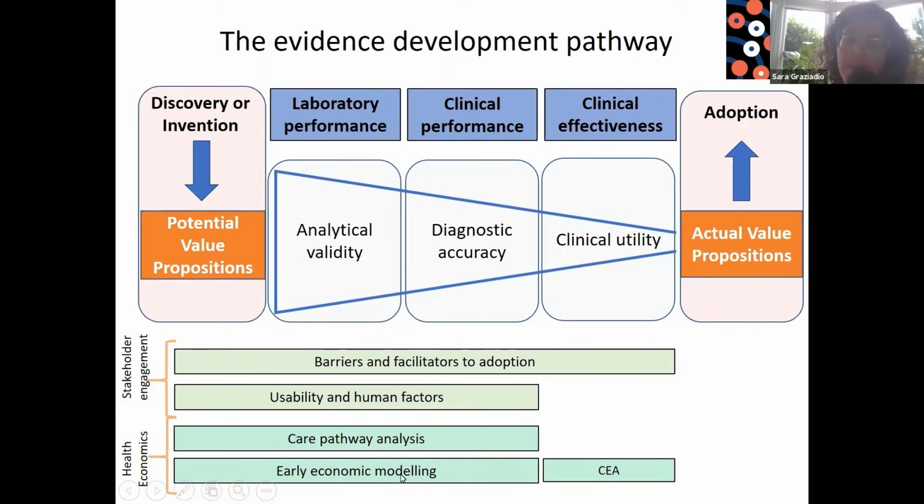The main aim of an early economic model could be understanding the inclusion criteria, for example, for your clinical studies, or it could be just to understand exactly what the constraints are for the use of your test in the clinical setting. So Joy and Owen will talk more about the difference between early economic modeling and cost-effectiveness analysis in the health economic webinar. So let's focus now on these clinical studies.